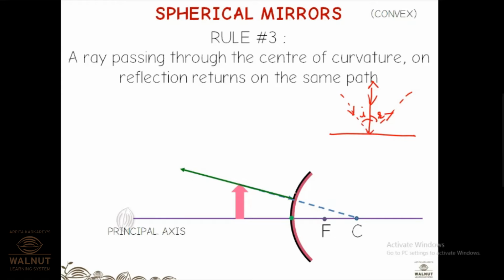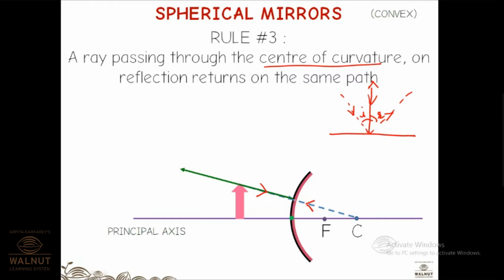Okay, this all of you should know. I'll tell you again. Now a ray passing through the center of curvature. So this ray is incident on the center of curvature. So what path will it follow after reflection? It will follow the same path after reflection. Means it is going this way, and again it will bounce back in the same direction.